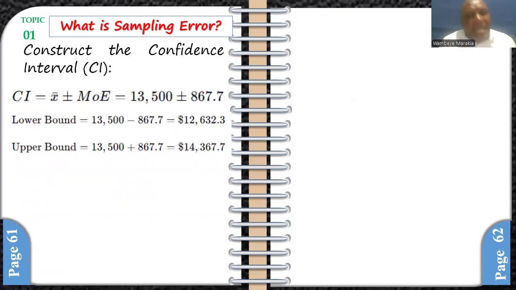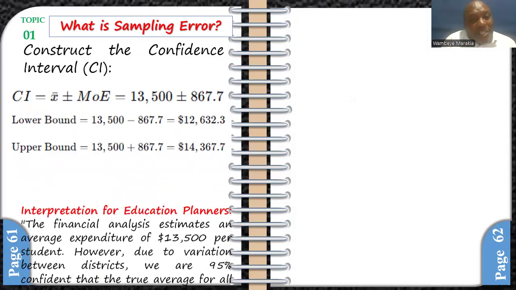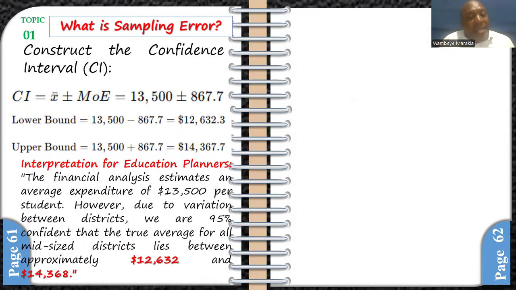So we start with the lower bound. The lower bound is 13,500 minus 867.7, which gives us 12,602. And the upper bound is 13,500 plus 867.7, which gives us $14,367. Now, how do we interpret these results? The financial analysis gives an average expenditure of $13,500 per student.